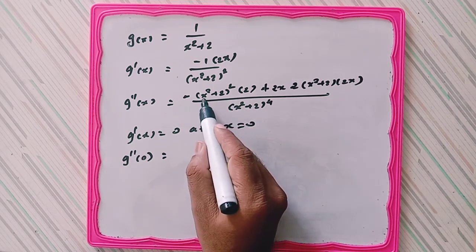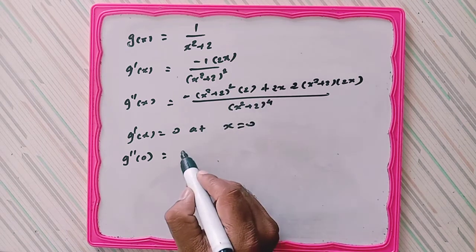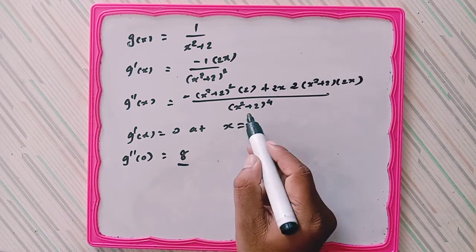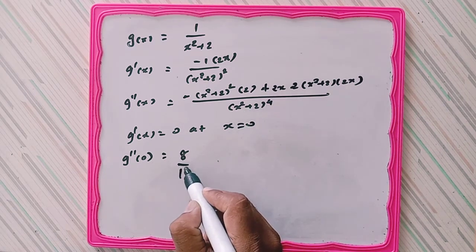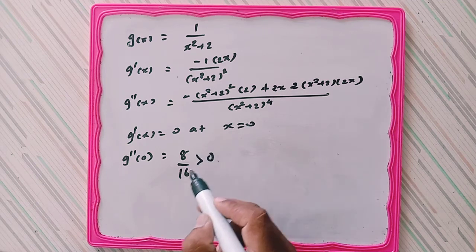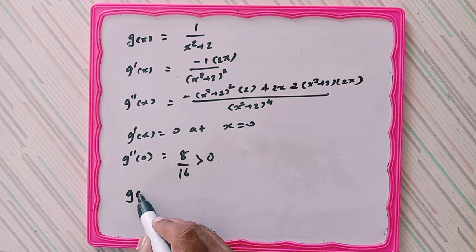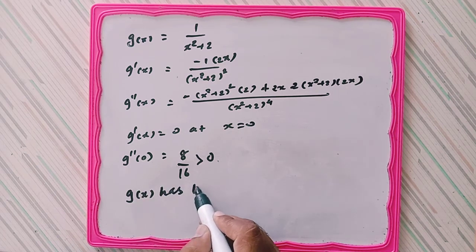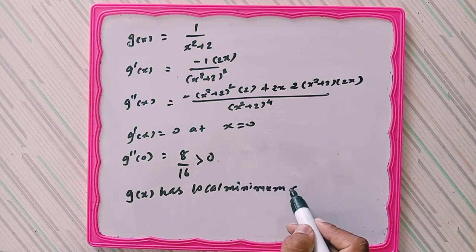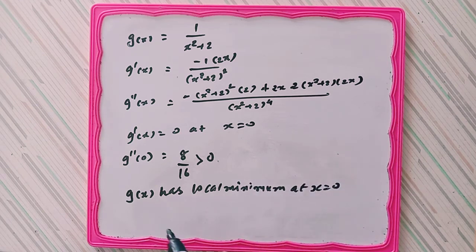Here we submit, then 0 plus 2 square, so 4 into 2 8, plus this total term is the 0 upon here 2 raised to 4 16, which will be greater than 0, and so gx has local minimum at x equals to 0, which is g0 equals to 1 by 2.